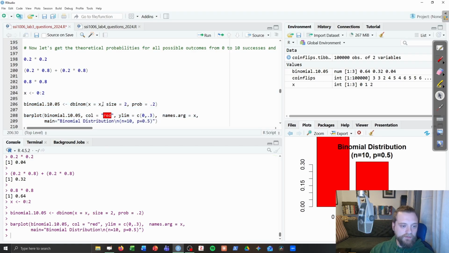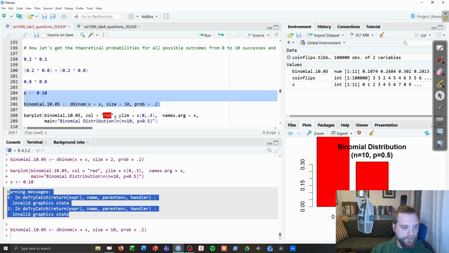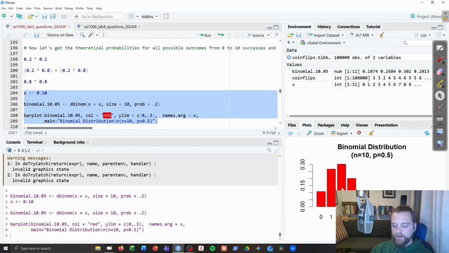However, let's see what this looks like with our size of 10. Let's change this back to 10. And again, a probability of 0.2. Well, what does that do to it? Nothing if I don't run the whole thing. So let's run this. There we go.